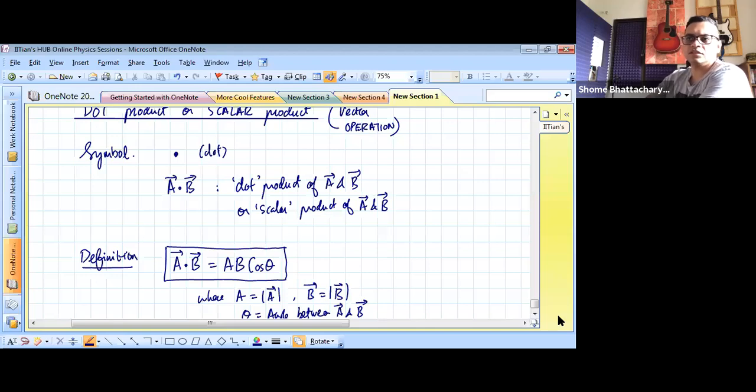No, this is a definition. This is not a derivation. I am telling you, it's not been derived.